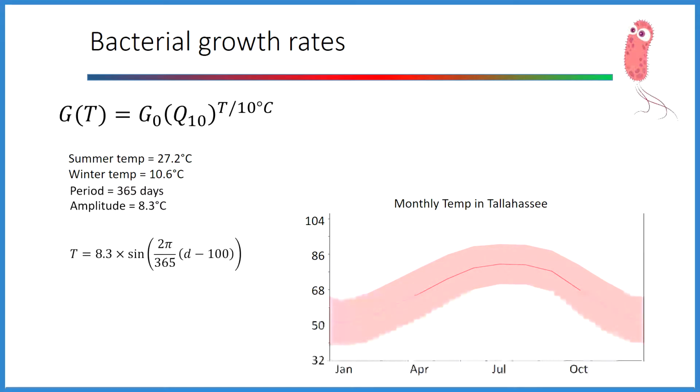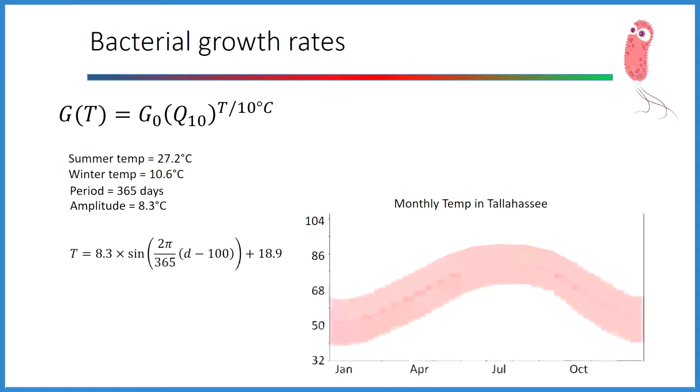Alright, we're getting closer, but there's still one other thing that's wrong. Remember, the sine function will center around a temperature of 0 and will go down to a value equal to negative the amplitude and will go up to a value equal to the amplitude. So we need to add something to the function to shift the whole function upwards. And we'll add a value equal to the average temperature throughout the year, which is equal to 18.9 degrees Celsius. Alright, this gives us an equation to estimate temperature throughout the year.